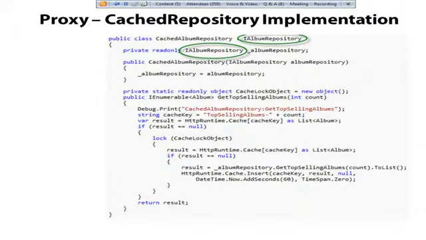So here is the IAlbumRepository that I just showed you before, only I've implemented it now as a cached album repository that's going to use some HTTP runtime caching. And so you'll see that the cached album repository implements IAlbumRepository, so it's got the same IEnumerable GetTopSellingAlbums that we saw before, but in its constructor it's also taking in an IAlbumRepository, which is the one that's going to do the real work.